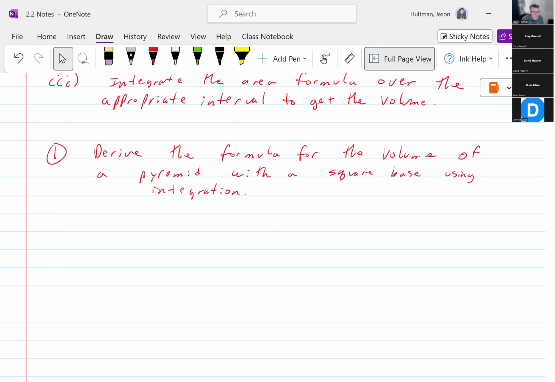So let's draw a pyramid, but let's orient the pyramid with respect to the x-axis. So this is going to be kind of like a pyramid tipped on its side. Again, the pictures are going to be the hardest part of today's lesson. So we want a pyramid of some height.